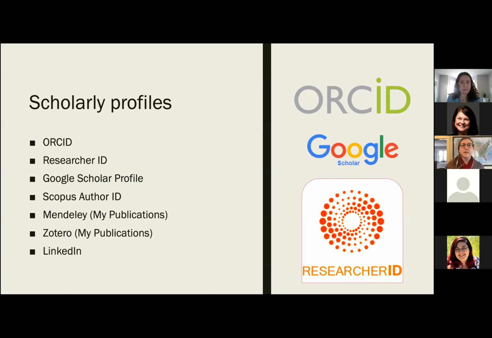So, I said earlier that I'd talk a little bit more specifically about various scholarly profiles. I'm not going to go into great detail. A number of them include ORCID.